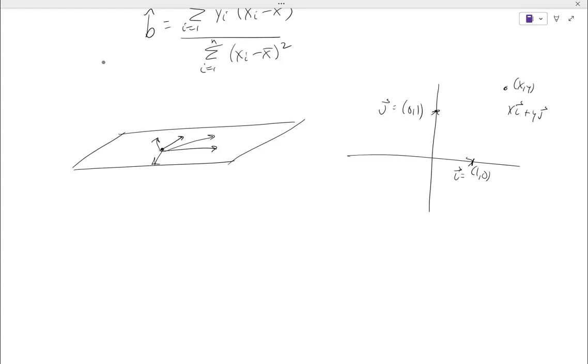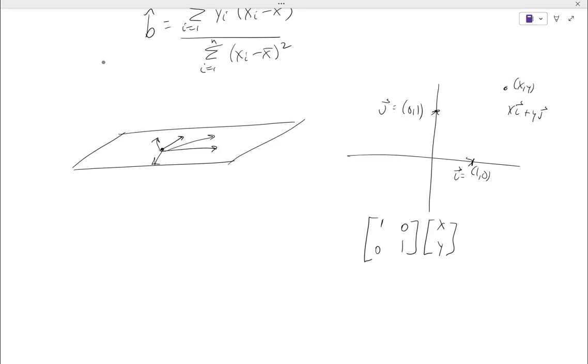Another way to think about this from a matrix perspective is that my vector i would be the column 1, 0. My vector j would be the column 0, 1. And I could put my x and y here, so I could think about it as a matrix product. Remember how matrices get multiplied together? Take the row times the column, the row times the column.